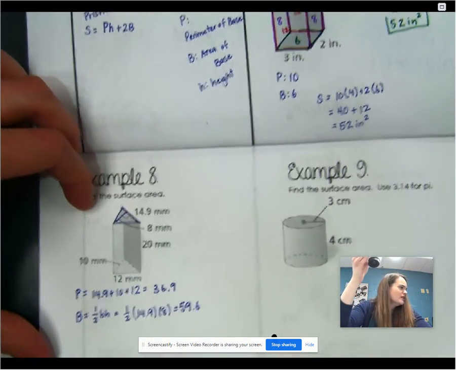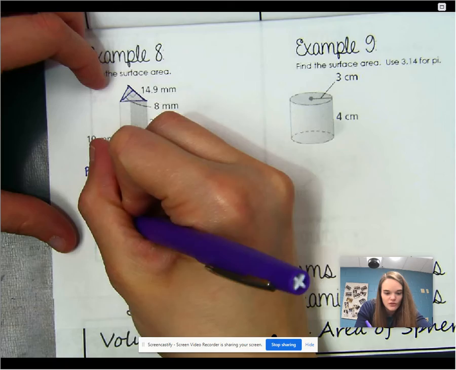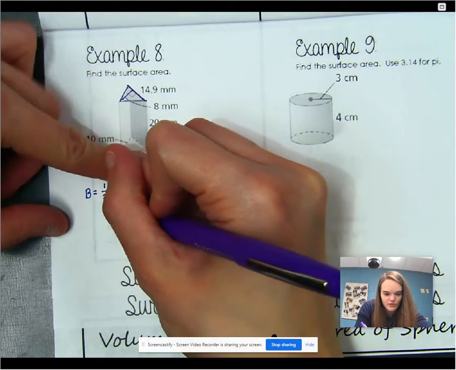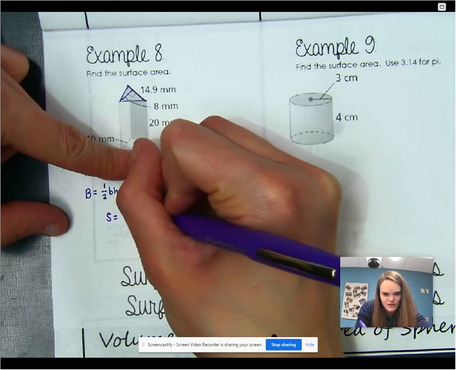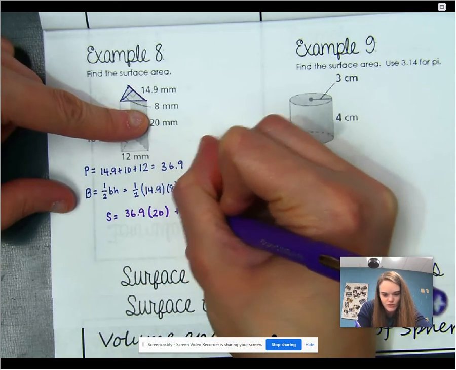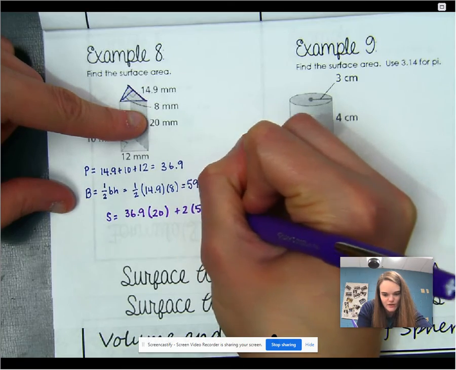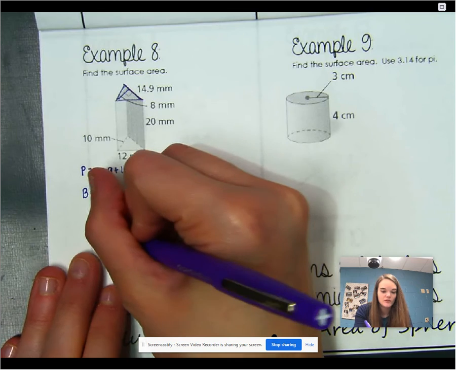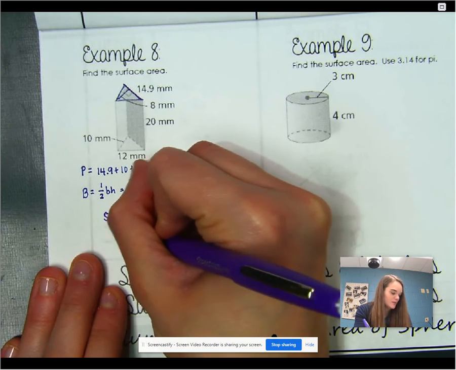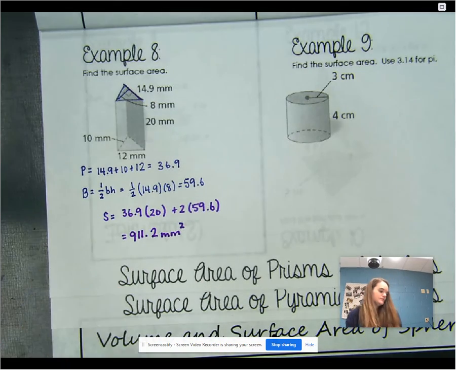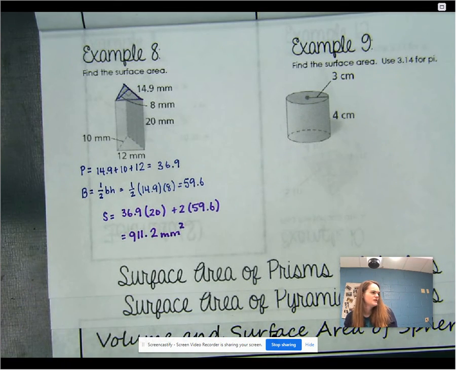Surface area is equal to 36.9 times the height of 20 plus 2 times the area of the base. And that is 911.2 millimeters squared. So pretty big surface area there.